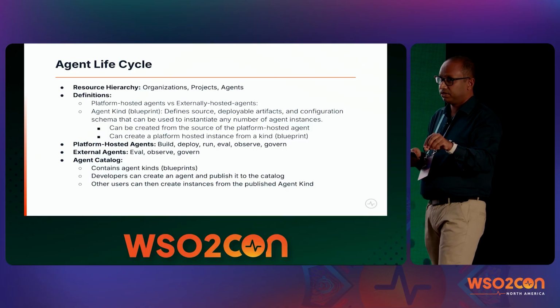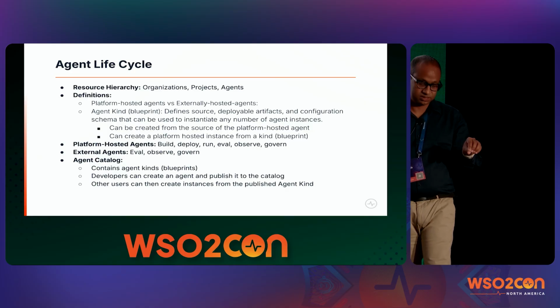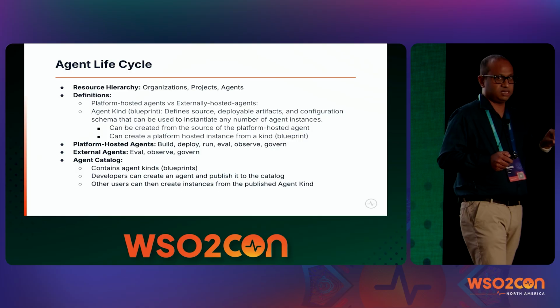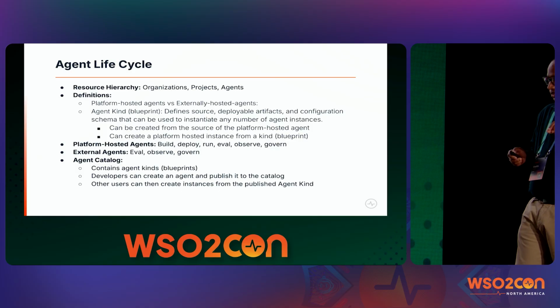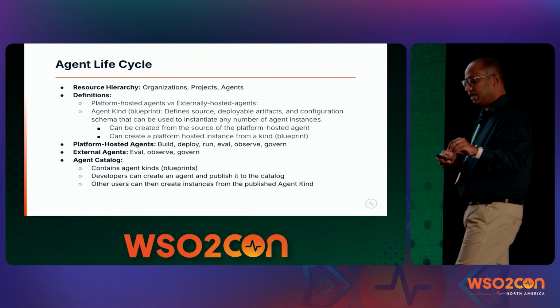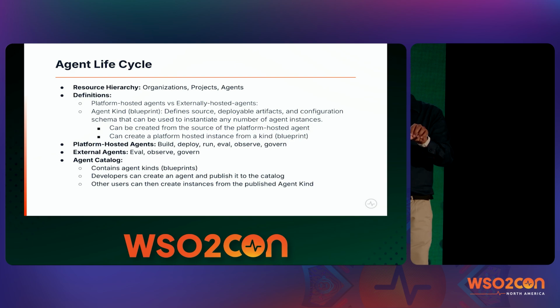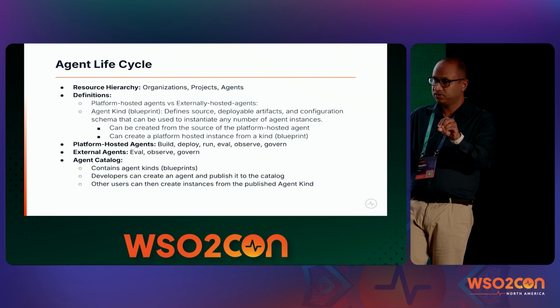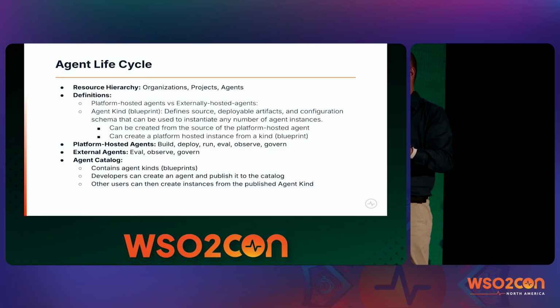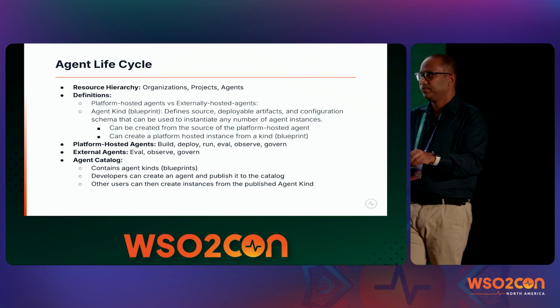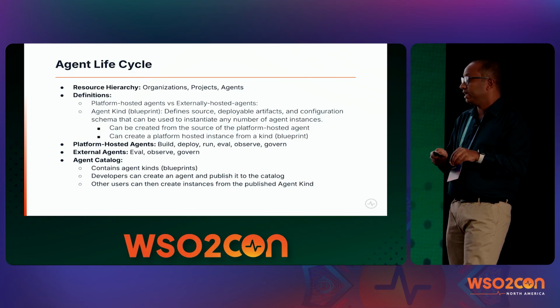And then we are introducing a new concept called agent kind, right? So what is an agent kind? You can create an agent kind from the source of an agent. A developer creates an agent, and from that source, you can create an agent kind.